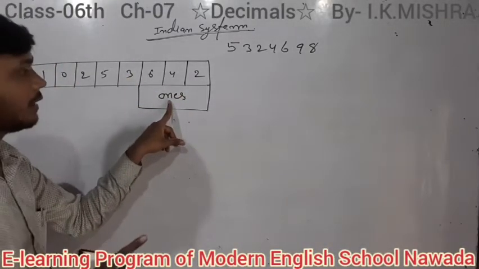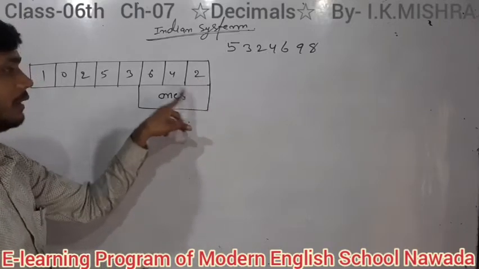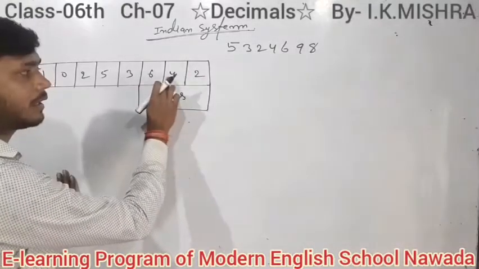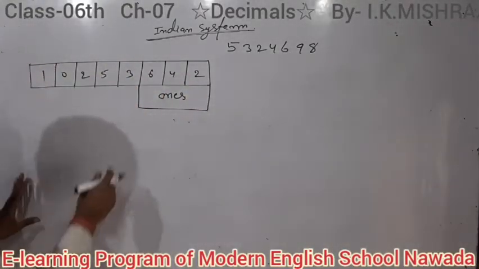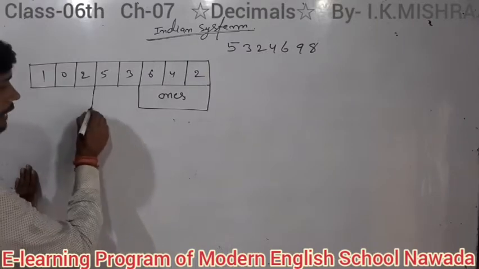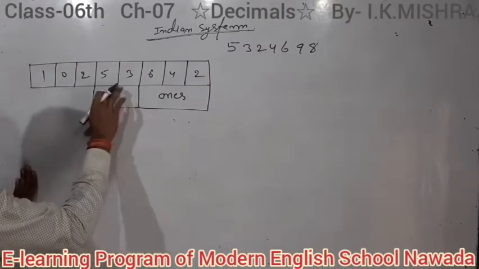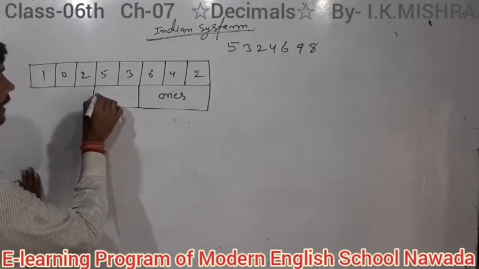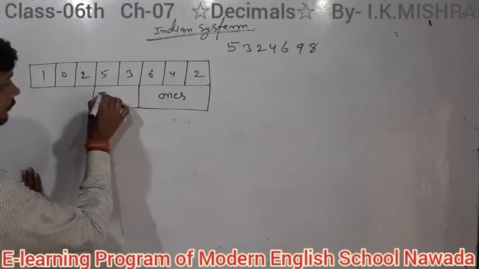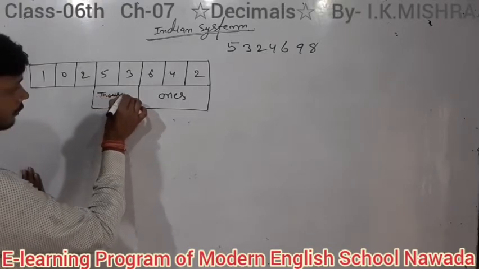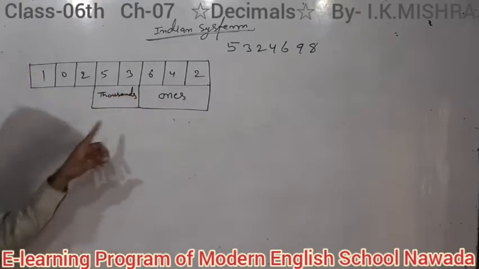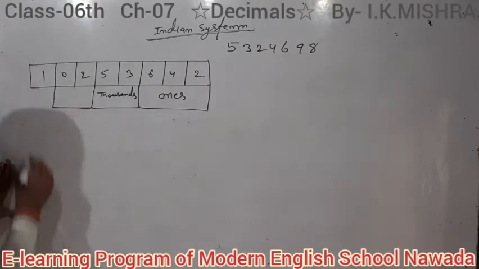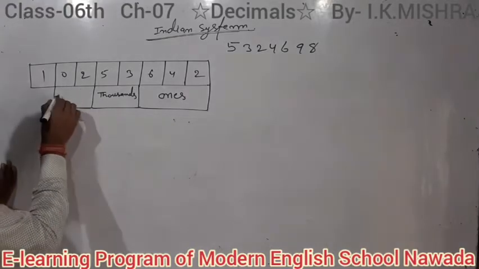In the ones period there are 3 digits and you read it as 642. After that comes a 2-digit period, known as thousands. After that again 2 digits, whose name is lakhs.